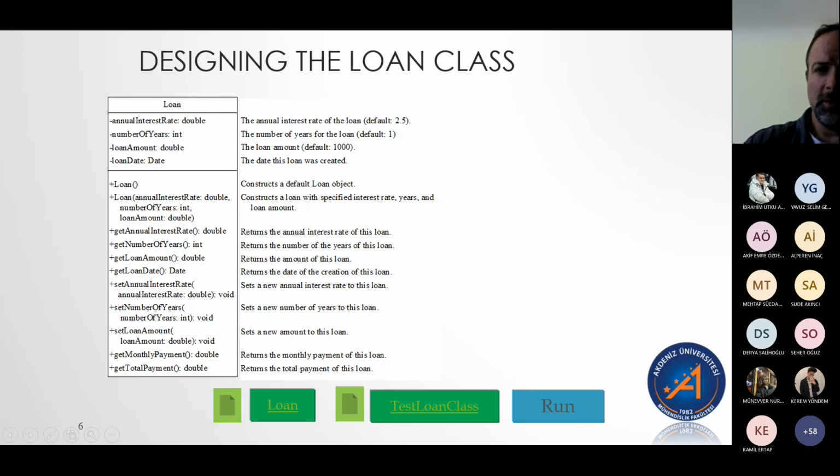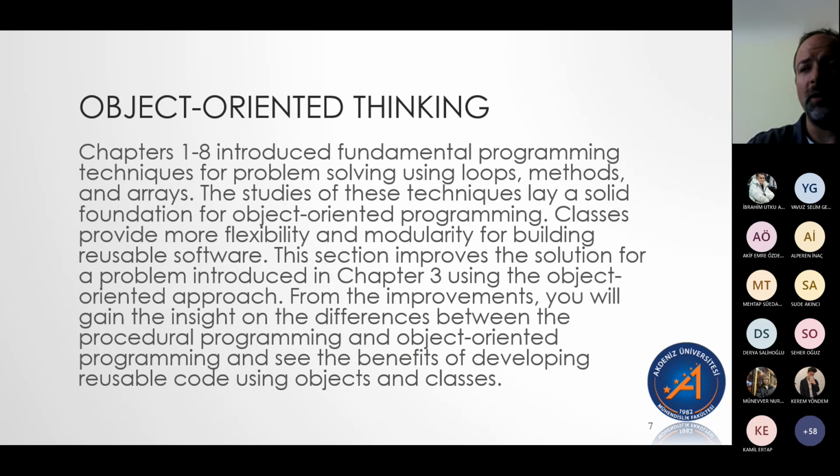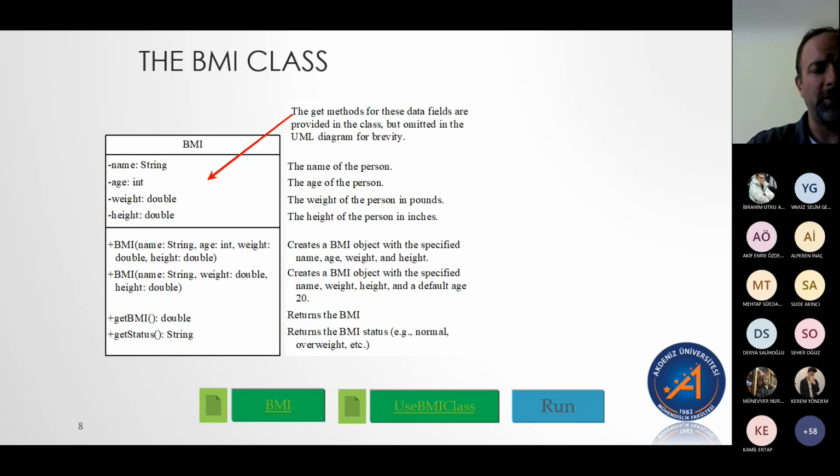Moving on, this is another example of how to design a class. Now, this one, they didn't list the get and set methods.